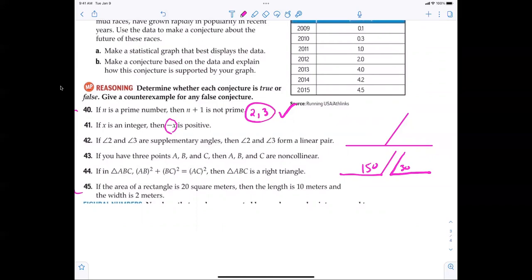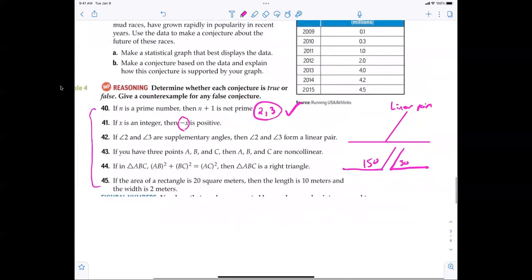Supplementary means two angles have to add up to what? 180. Do you agree with that? This is special because it says it's a linear pair. A linear pair means it shares a common ray, which means adjacent, and it forms a line. You with me on that? All right, those are the definitions.